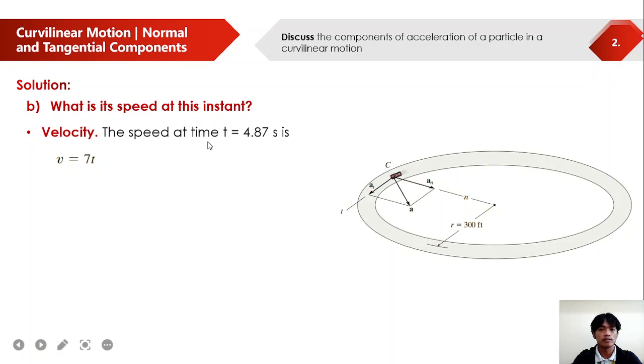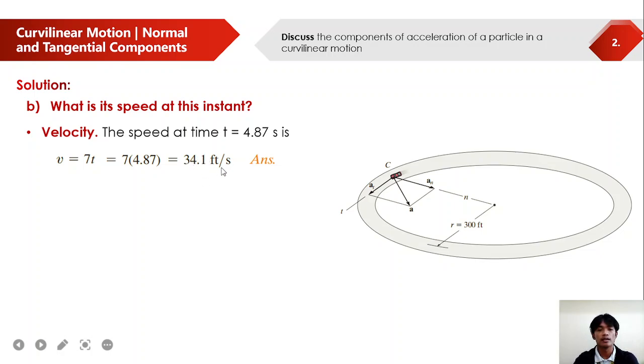No, this is v final velocity is equals to v initial velocity plus a sub t times t. So we have v is equals to 7t, so is equals to 7 times 4.87. Substitute mo lang yung t sa 7t. So we have your 7 times 4.87 seconds. So therefore your velocity will be equal to 34.1 feet per second.